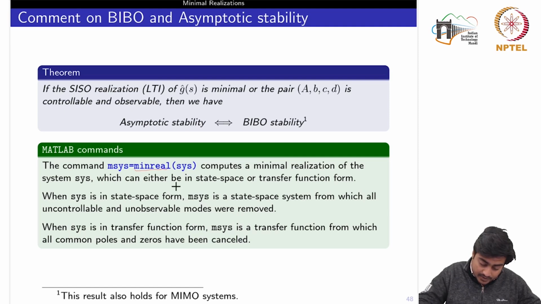Similarly, if sys is in the transfer function form, then msys would yield a transfer function from which all common poles and zeros have been cancelled. So you can use this minreal command in MATLAB, and this also holds for the MIMO system.